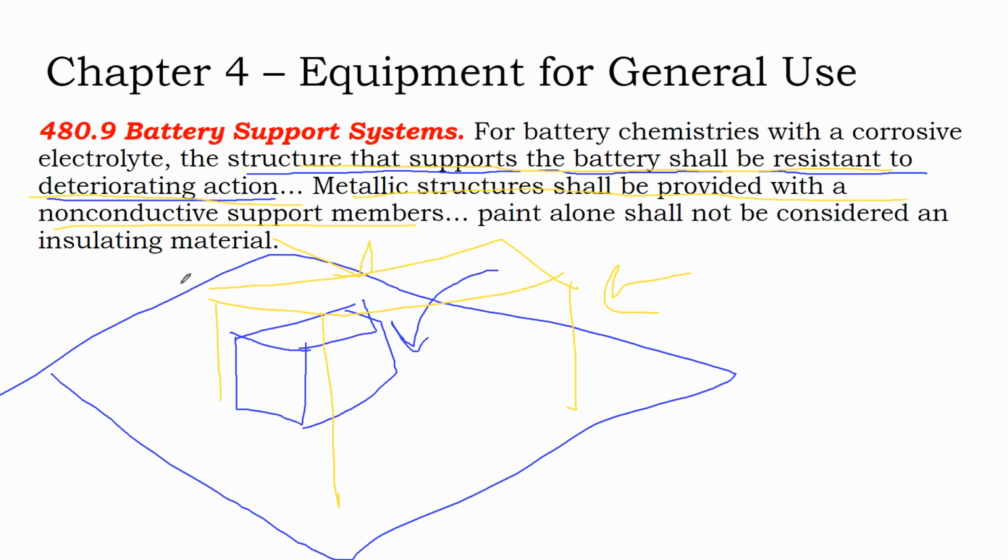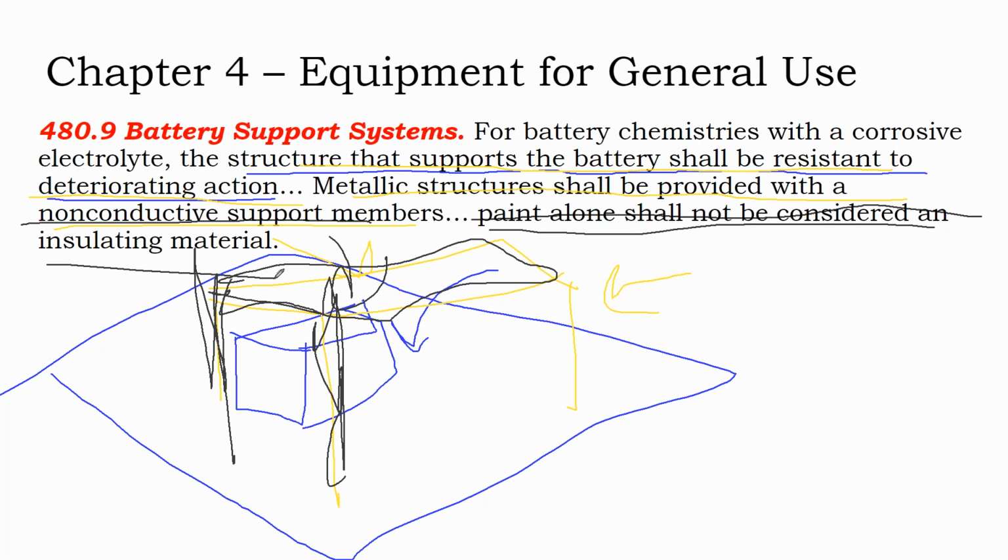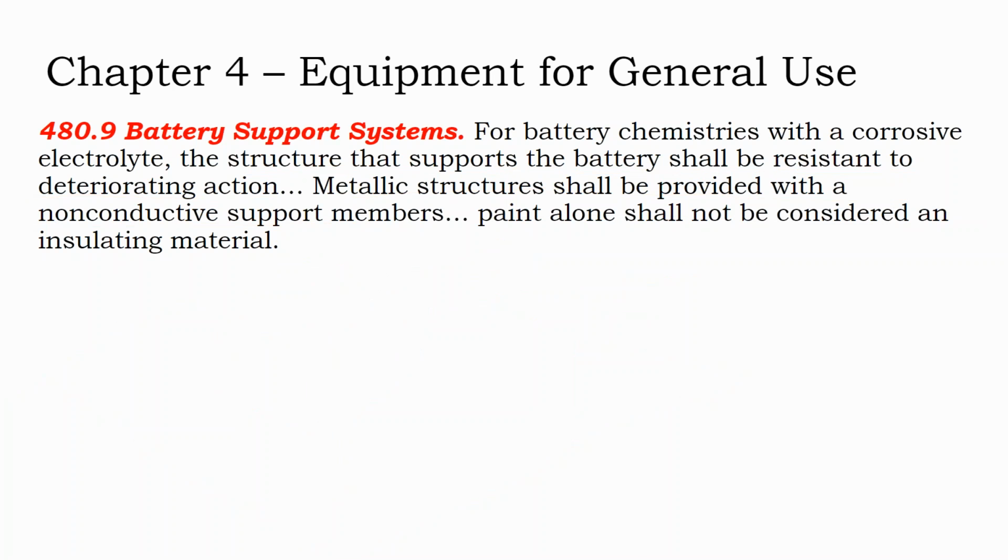What that might mean is you have to put a rubber mat on the shelf before you put the battery on top of it, so that the battery itself doesn't leach any electricity or voltage into that frame. And you might be painting the metal to prevent corrosion from the gas, but it says the paint alone is not considered the insulating material.